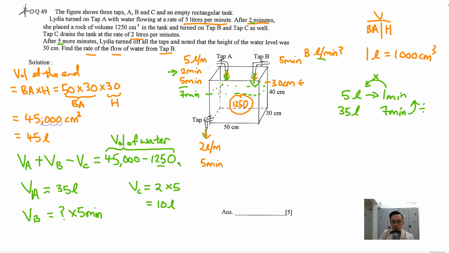So let's look at this one again. So 45,000 minus away 1250 equals 43750.